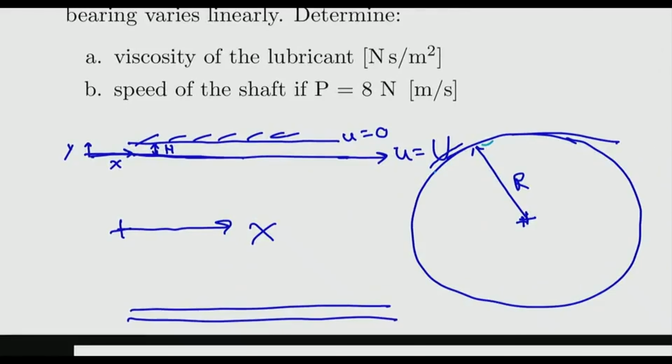Now, a linear profile that is consistent with these boundary conditions looks like this. The other sketch that I had previously over here, forget that. So this would be the appropriate velocity profile, linear, where at the shaft surface, it's big U, and at the bearing surface, it's 0, across some vertical height h.